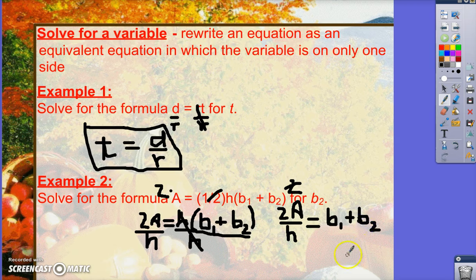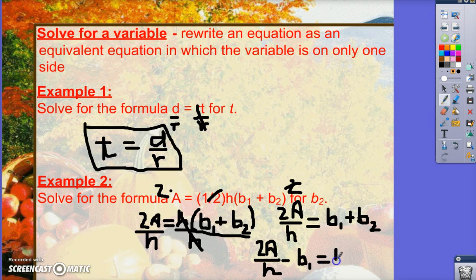From there, we want to isolate the b2, so it's positive b1 plus b2. So let's move the b1 over to the right. It's a positive, becomes a negative, right? We're transposing. All right, so 2a over h stays there, minus b1 and equals b2.